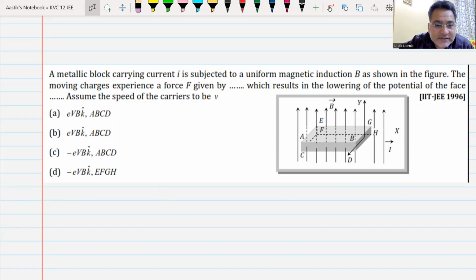The moving charges experience a force F given by what? Which results in the lowering of potential of the surface. This is actually known as the Hall effect. Assume the speed of the carriers be v. Take a deep breath. Remember, this is a question of IIT, so it has to be a simple question. I'll give you 2 minutes to give me the answer for this one.